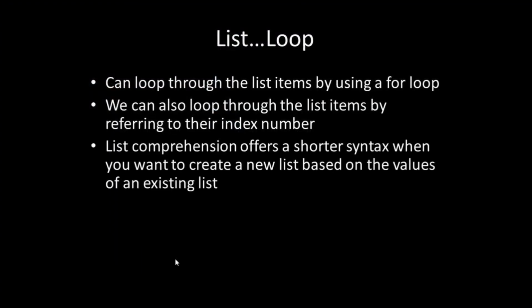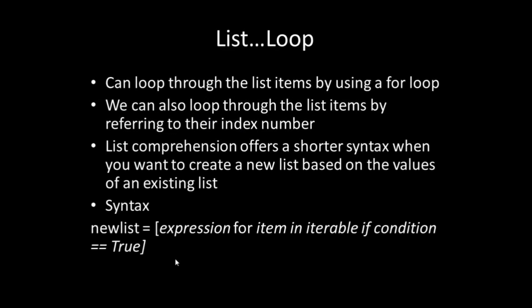Next, there is a concept called comprehension. Okay. So what it does is it offers a shorter syntax when you want to create a new list based on the values of an existing list. Okay. So based on various conditions, you can filter out the list and you can create a new list.